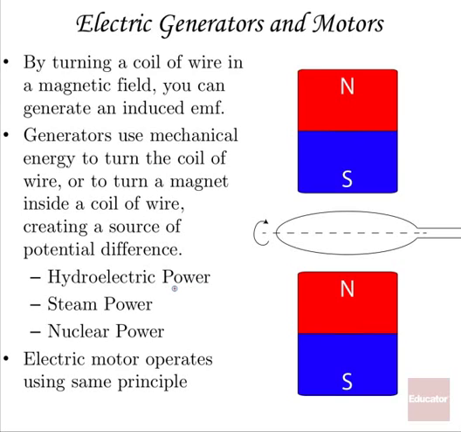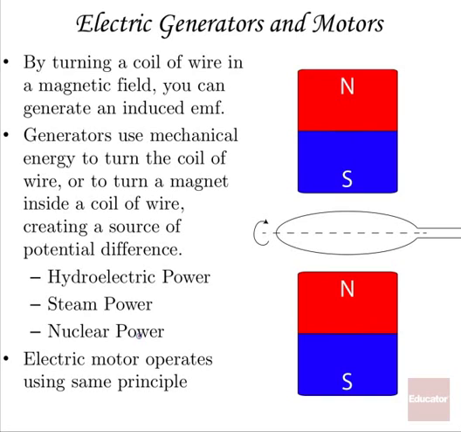Water moving spins either coils of wire or magnets around a coil of wire to change a magnetic flux, which is converted into an electric potential. Or steam power turns a fan. As that fan turns, it's going to turn a coil of wire or a magnet to change a magnetic flux through a coil. Nuclear power, same idea. Use nuclear power to create a lot of heat, a lot of steam.